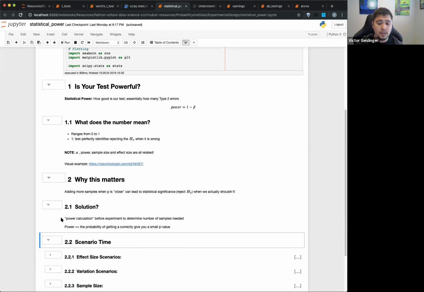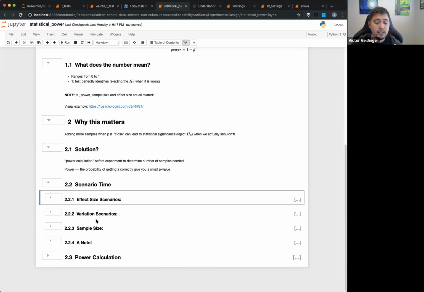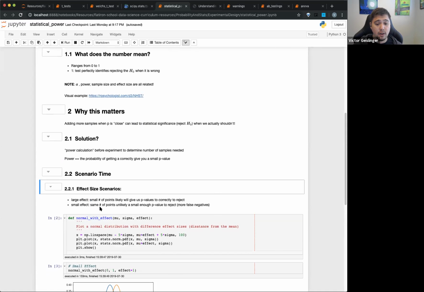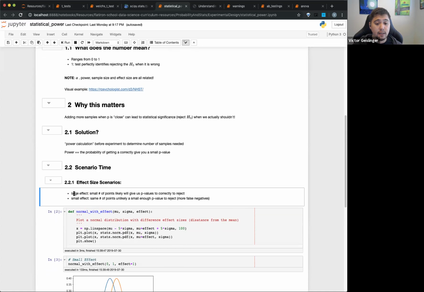Okay, so some quick scenarios. These are different ways you can use power. One is your effect scenario. If you have a large effect, a small number of points will likely give us p-values that correctly reject. But if we have a small effect, so if you imagine your distributions are very close together, you're more likely to get false negatives, where you're basically crossing this over.